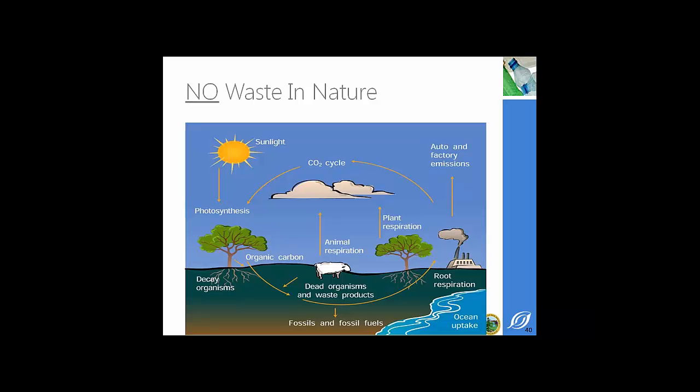So the first thing we need to understand is that in nature, there is no waste. On the Earth, everything happens in cycles, and our Earth is a closed loop system where no waste naturally occurs. That's the important piece of it. There's no away in nature, and our Earth naturally uses waste byproducts from one system to fuel another system.